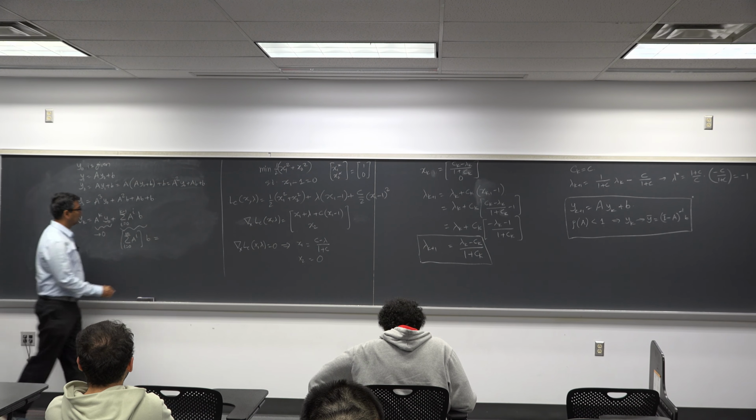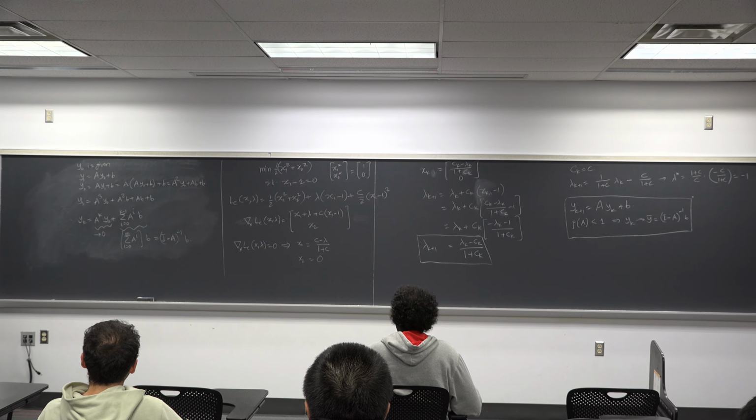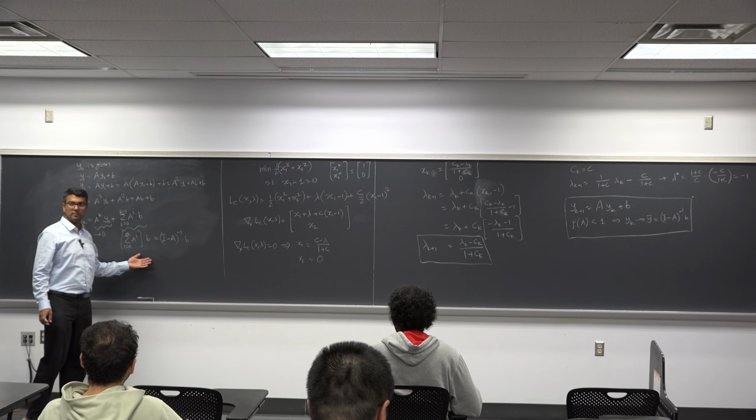So this is a geometric series. I'm sure you guys have studied geometric series. If it was a scalar, it is 1 over 1 minus a. But this one is a matrix. So the way you do the geometric series for a matrix, you get (I minus A) inverse.